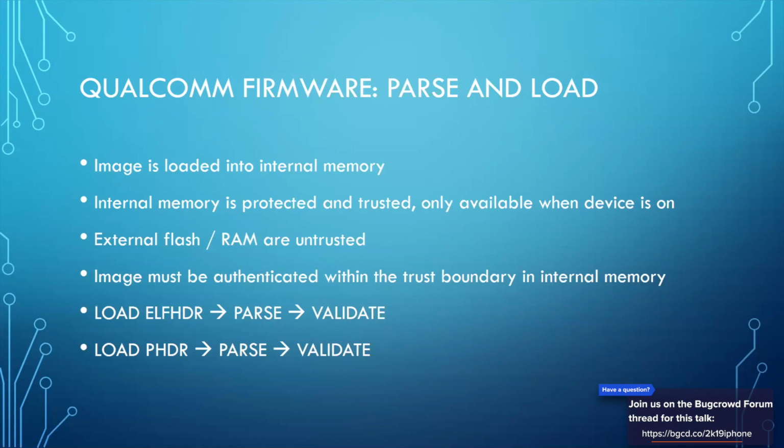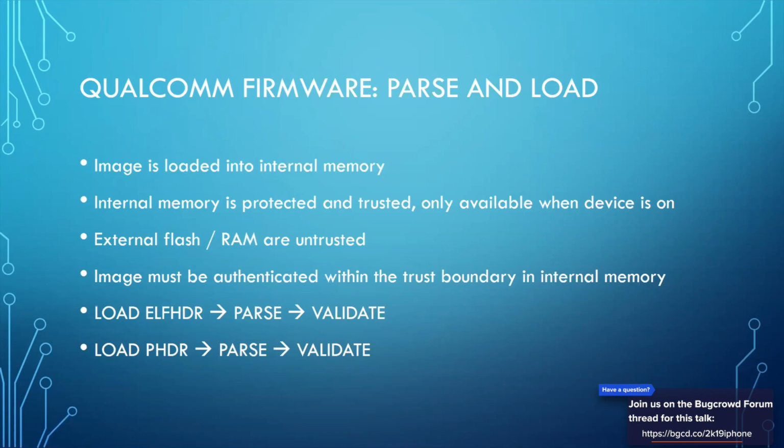Makes sense, right? But external flash memory and random access memory are not trusted. Thus, an image must be authenticated within the trust boundary in internal memory. I'll talk about that a little bit more, because there's a thing that sounds very secure, but it is actually not that secure.